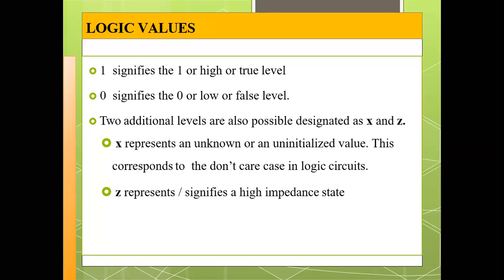We already know that 1 signifies the value of 1 or high or true, and 0 signifies 0 or low or false. In addition to these two, we will also be using X and Z, either small x or capital X, or small z or capital Z, it doesn't matter here. Two additional levels are also possible, designated as X and Z.